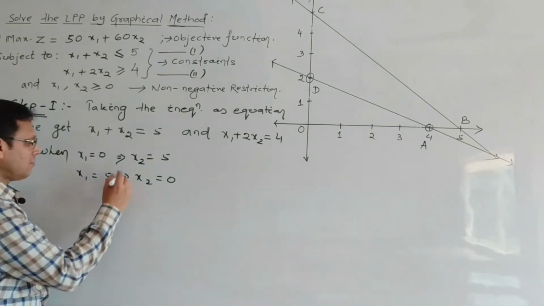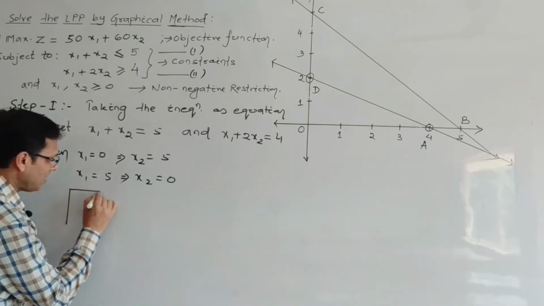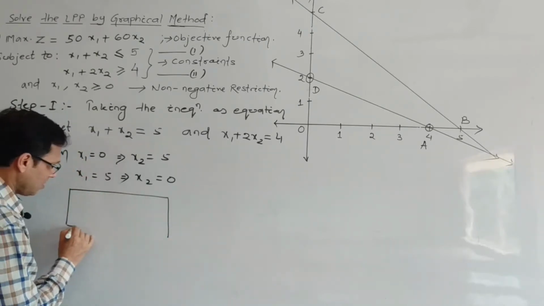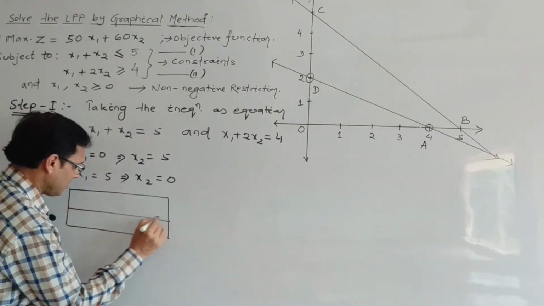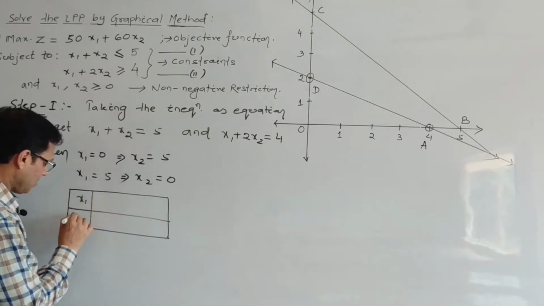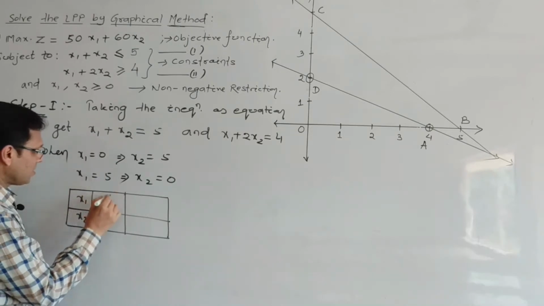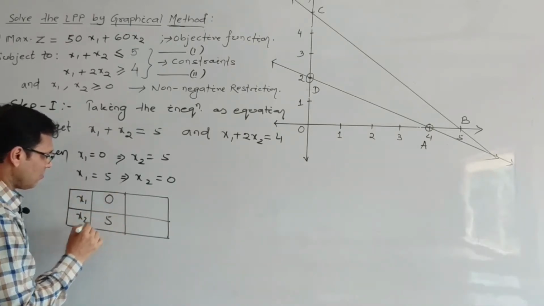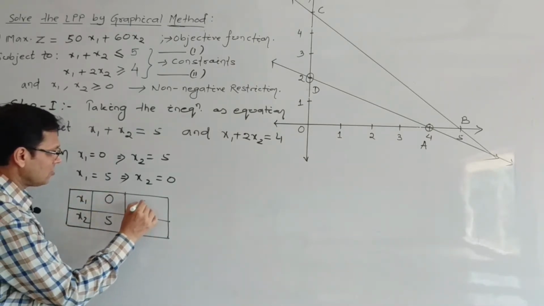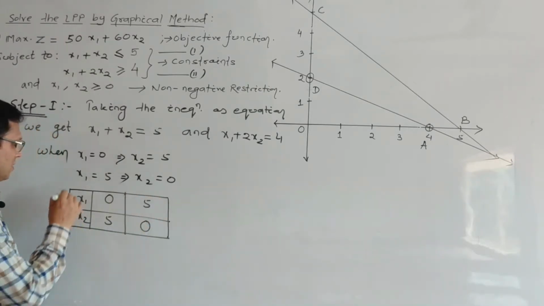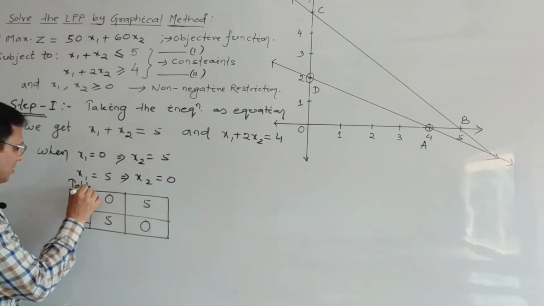If you construct a table, when x1 is 0, x2 is equal to 5, and when x2 is equal to 0, x1 is equal to 5. This is table 1.